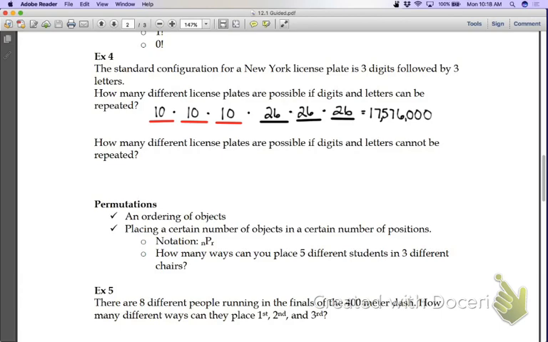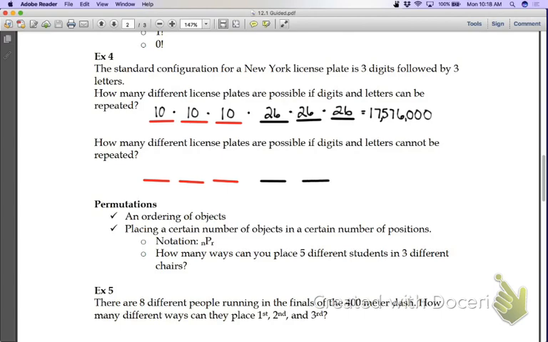Now, the next stipulation says how many different license plates are possible if digits and letters cannot be repeated. So, as far as the first 3 spots of my license plate, it doesn't say anything about what can't be the first spot, but it does say that things can't be repeated.